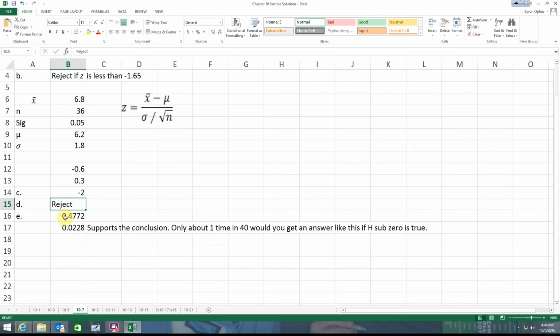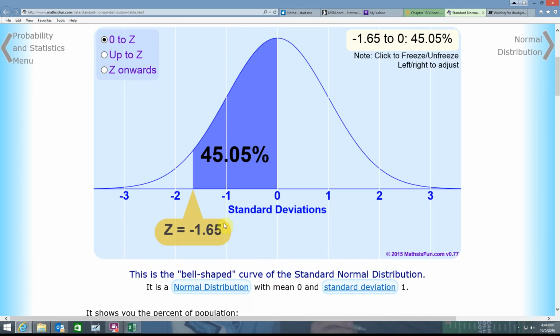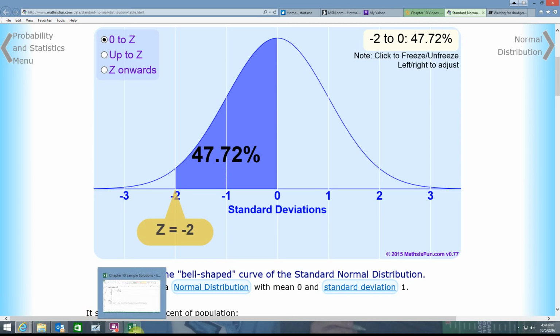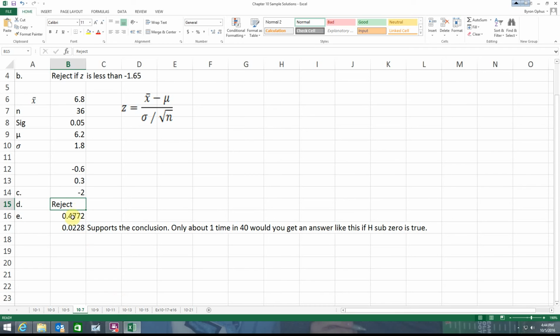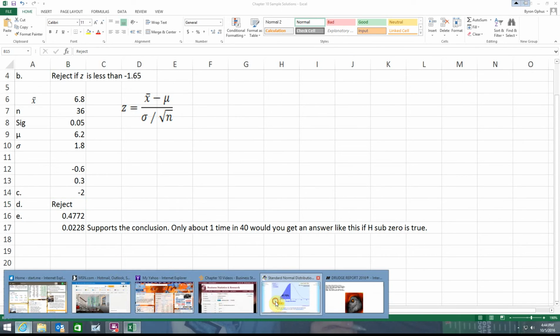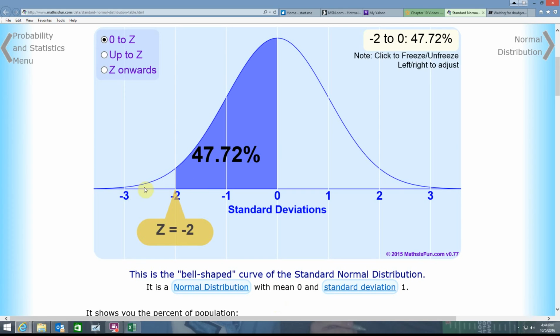And so then we look up our minus 2, and we can do that here. 47.72, or of course we could do that down below, 2 in the chart down there. Okay, 47.72, but again, what we're interested in is this part of it.